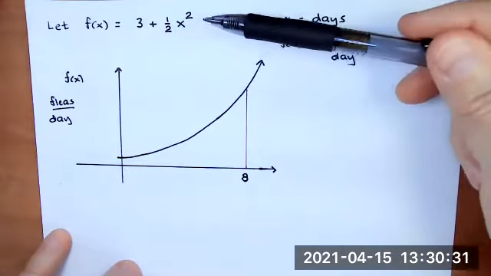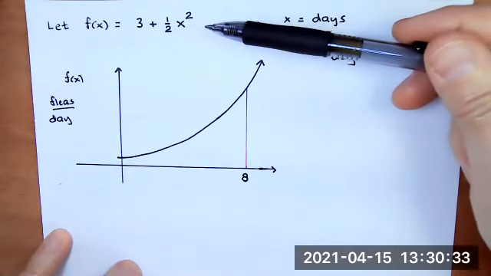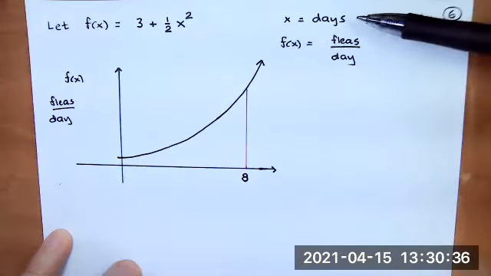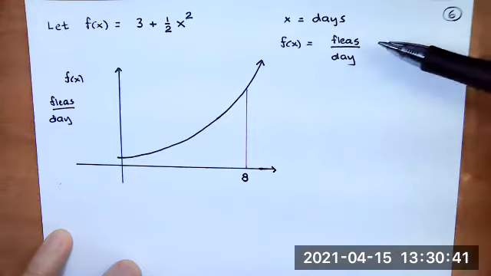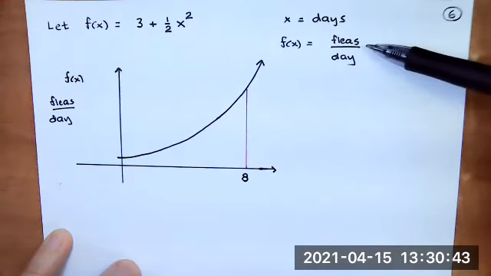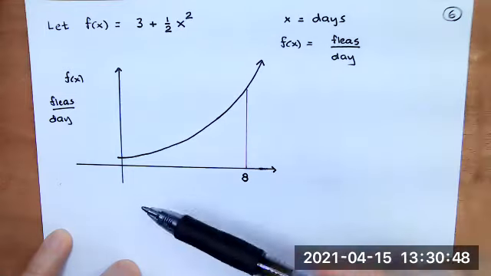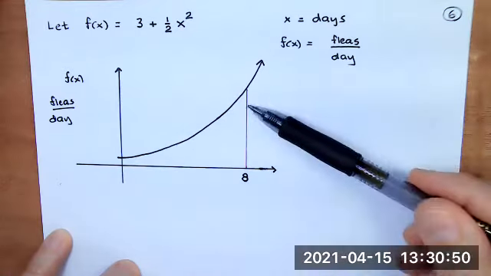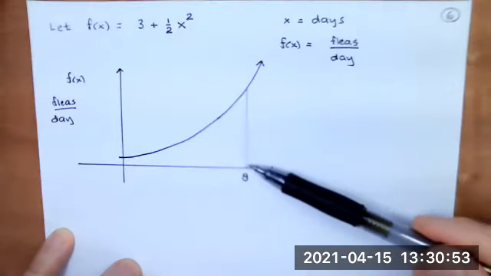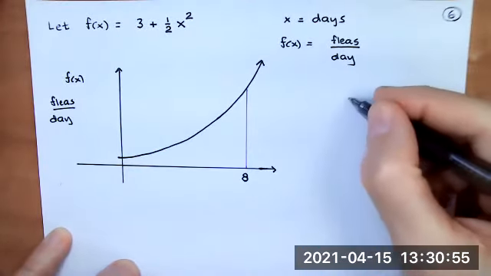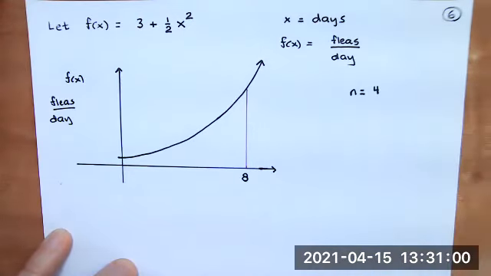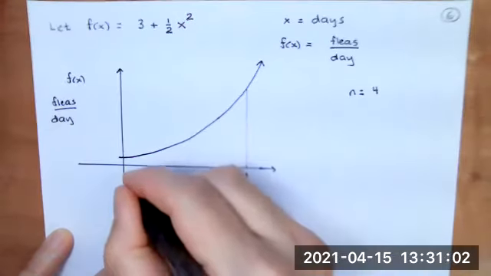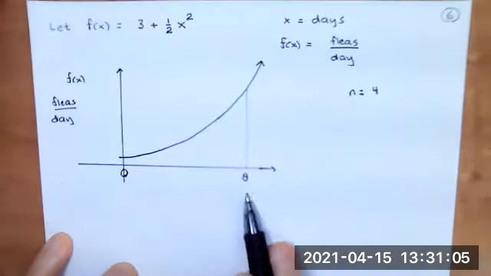All right, suppose we have the function f of x equals 3 plus 1/2 x squared, where x is the number of days since the start of flea season, and f of x is the number of fleas that jump on the cat, and that's fleas per day. So we want to estimate the area under the curve using a Riemann sum. Let's let n equals 4. Let's say we're going to use 4 intervals. And we're going to go from 0 to 8.